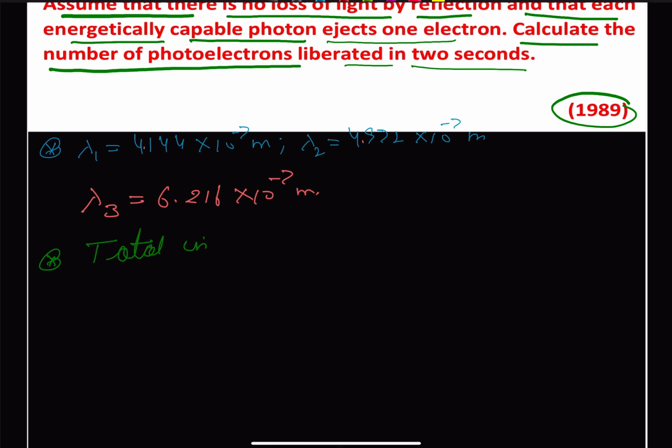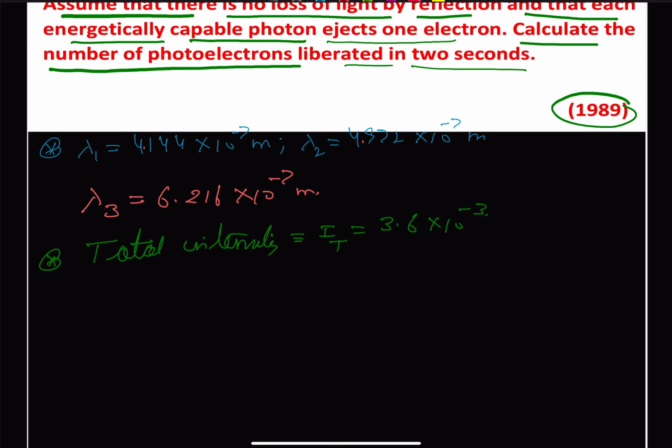Total intensity is, suppose, our IT. This is given as 3.6 into 10 to the power minus 3, and this is equally distributed in all the wavelengths.